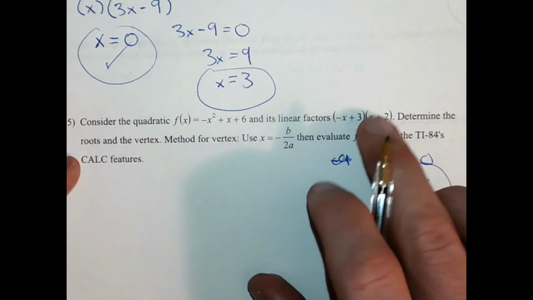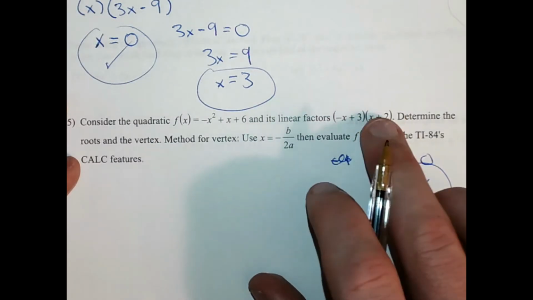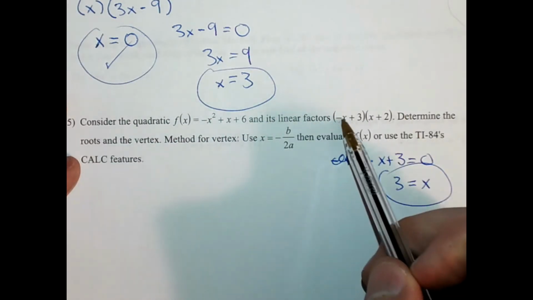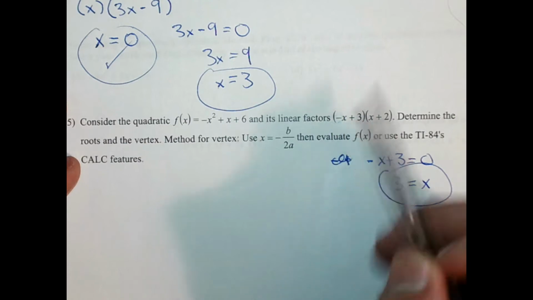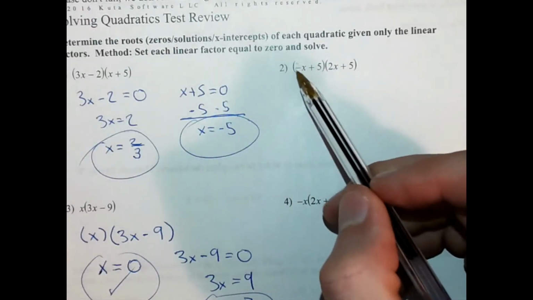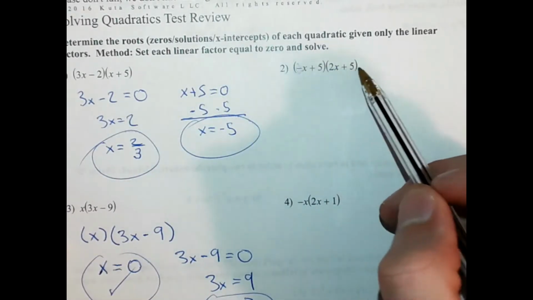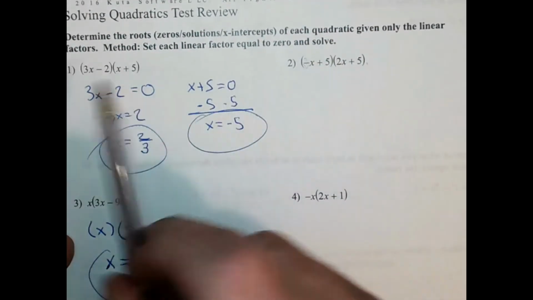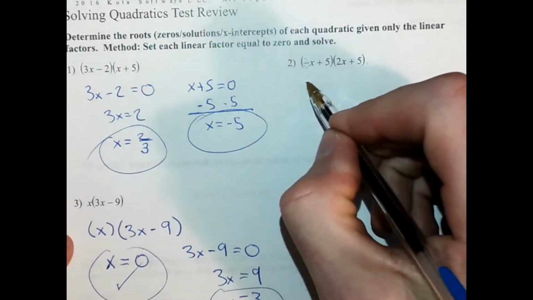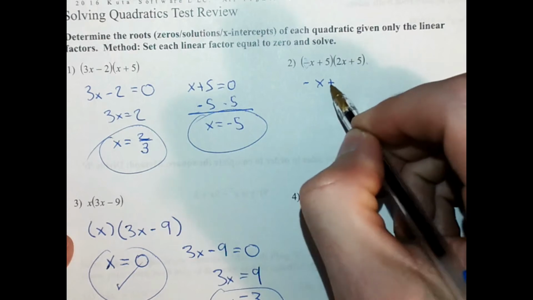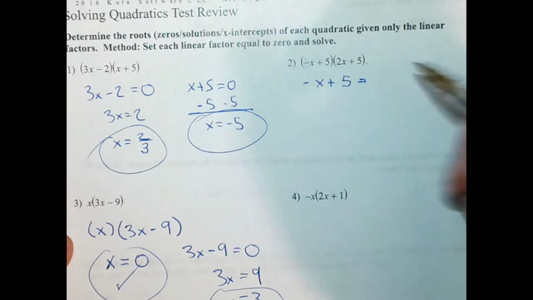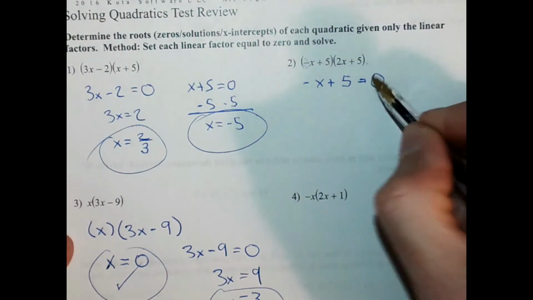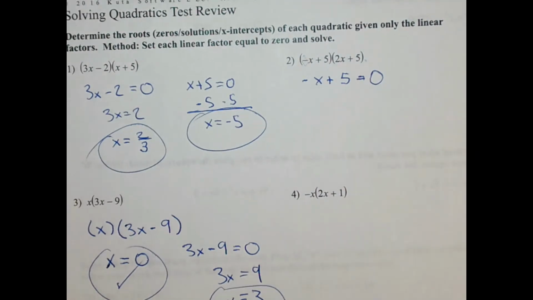And then maybe it's kind of easy to see that that's negative 2. But when you have little details in here like a negative in front of the x or a 2x plus 5, it can really help to use this strategy of set the linear factor equal to 0 and then solve for x. That way there's no guesswork involved.